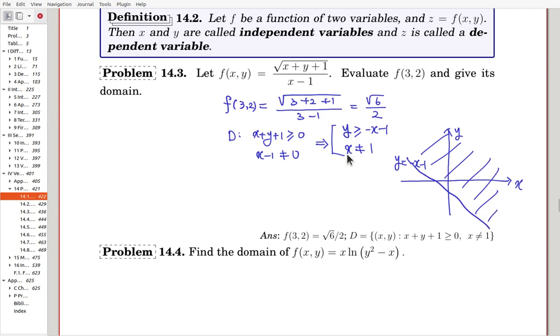Now, x should not be 1, which means at 1 here, we have to exclude this vertical line from the domain. Okay? So we visualized the domain here.